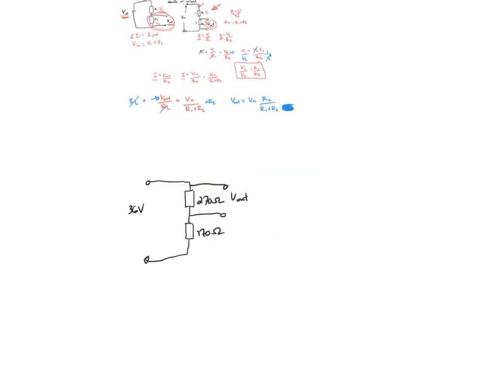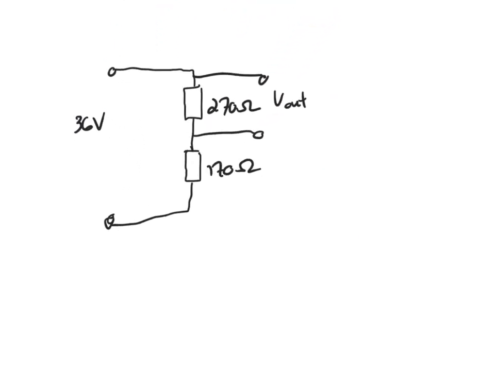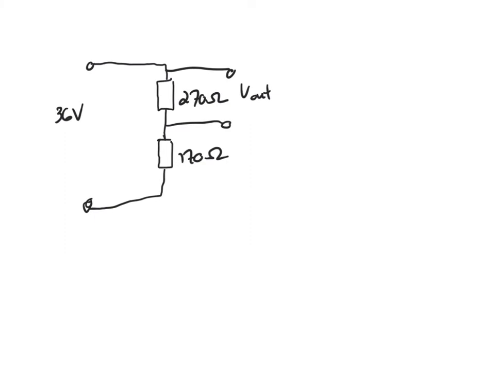So if we look at this quick diagram, it shows the resistances of two resistors in a potential divider circuit. It gives us V in, and we need to calculate V out. So to calculate V out, you can use the equation straight away that we just derived: R2 over R1 plus R2 times V in.